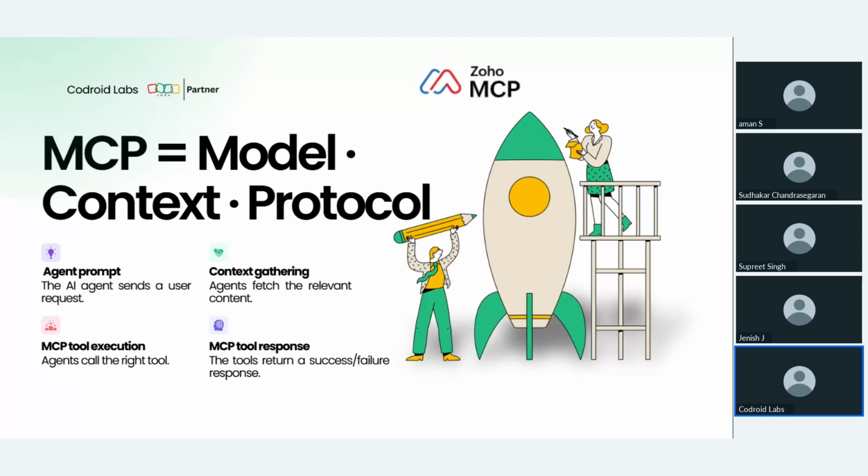With an LLM, a large language model, you can directly connect the AI model with the MCP server, fetch data from the data source, and perform operations. The user request is sent, relevant context is given to the AI model, and then the tool executes commands and fetches the data.